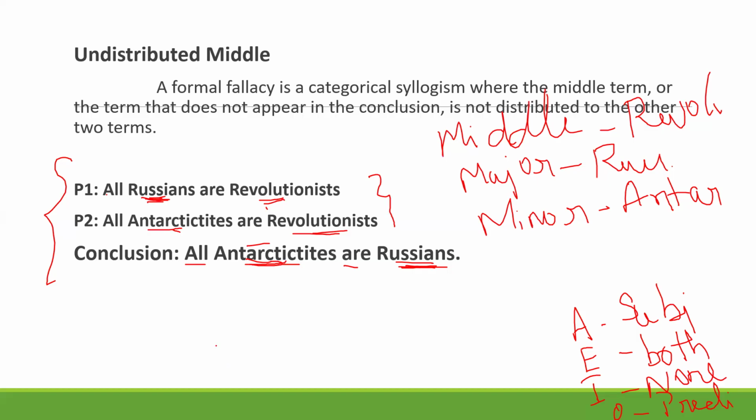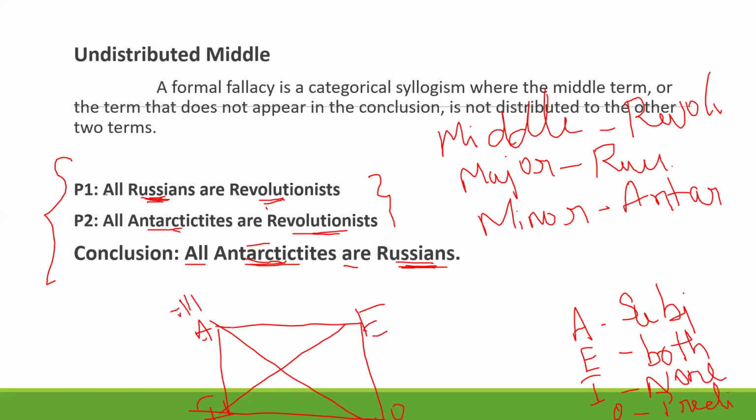We know the square of opposition. In this square of opposition, this is A type, this is E type, this is I type, this is O type. A for all, E for no, I for some, O for some not, all plus not.